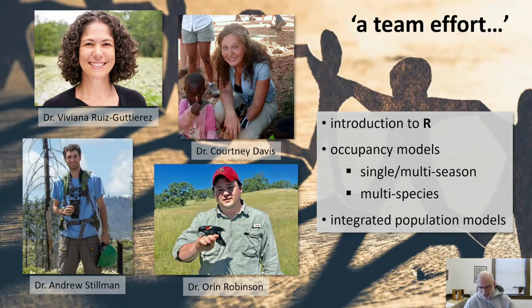Okay, so what these folks are going to focus on, if you look at the syllabus, in the last third of the course, is making use of R. Again, I mentioned this a little bit earlier. You can do an awful lot of the analyses that we're going to talk about this semester using R, or at least R as a front end to MARK. I'm going to leave it to these folks to introduce the basics of using R. We're going to focus on a particular class of models, at least to begin with, called occupancy models.